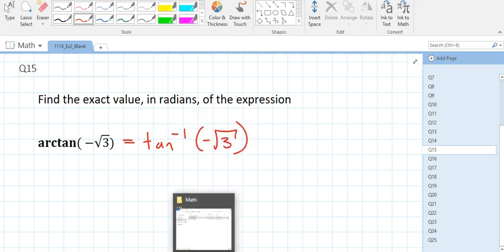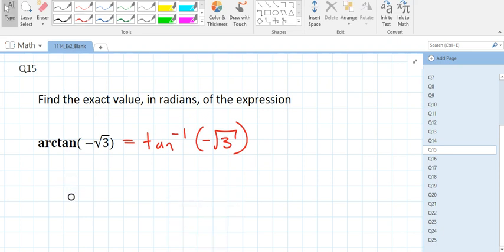So, first things first, what is our range, or what is our interval for this? Negative pi over 2 to pi over 2. And what quadrants is that? 1 and 4.